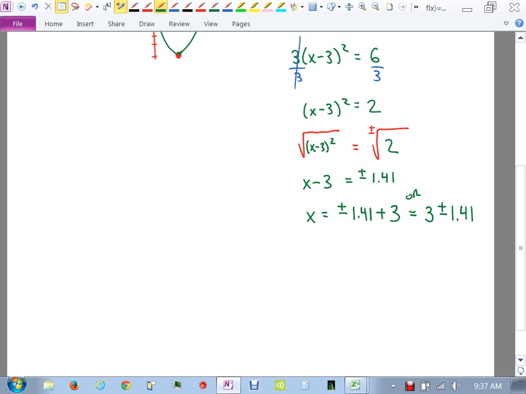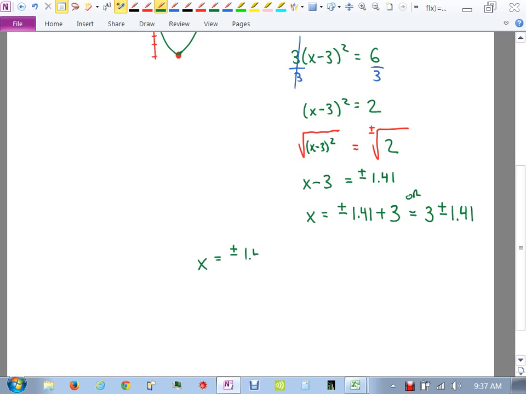Just don't come in there and add 3 to 1.41 right now and make it 4.41 and then say positive and negative, because that's not what it is. You have to actually do 1.41 plus 3, and then you have to do negative 1.41 plus 3. So two different things happen here. I'm going to write it the way I normally write it over here.